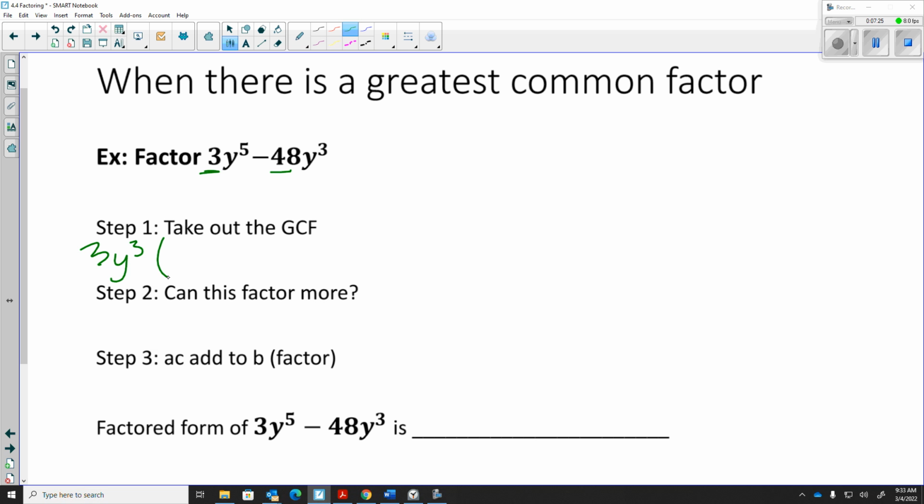So what's left over? I divided it all by 3y cubed, got y squared minus 16. So then I ignore the thing I just took out, 3y cubed. I look at what's inside the parentheses, y squared minus 16. I ask myself, can that factor more?